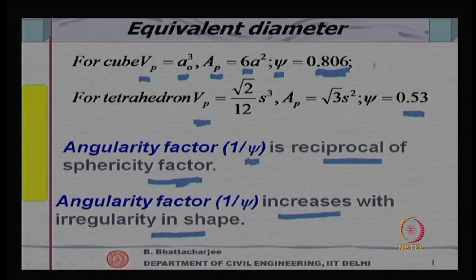This is highly angular, this is highly angular, this is still angular. So, as the angularity increases, xi reduces, therefore 1 by xi will increase. For a sphere, this value is 1, for an angular shape, this value is more than 1, the angularity factor is more than 1.